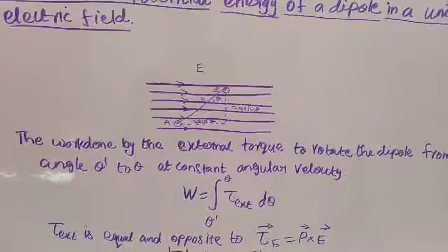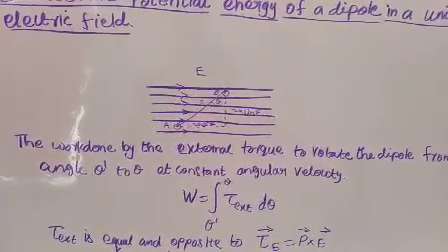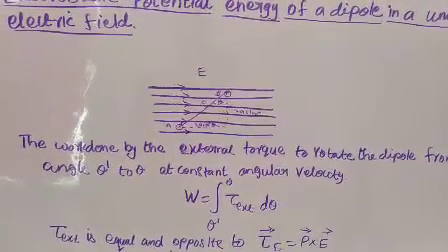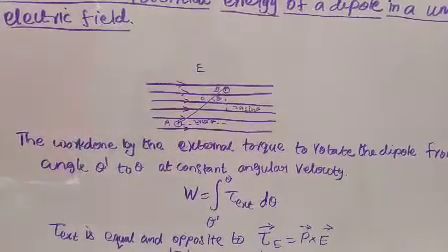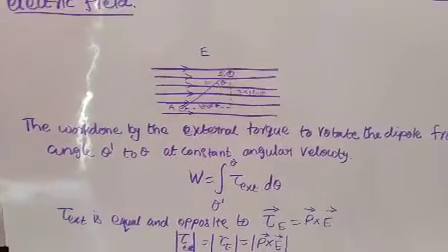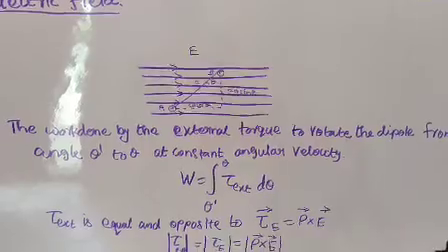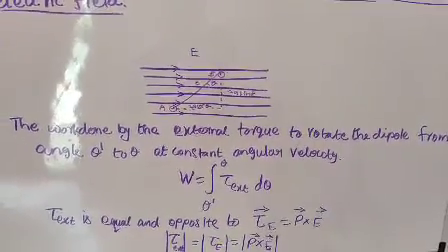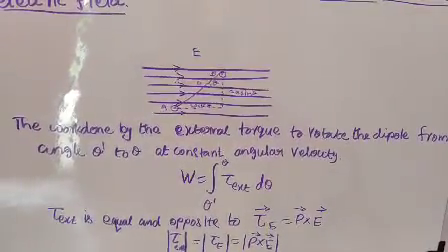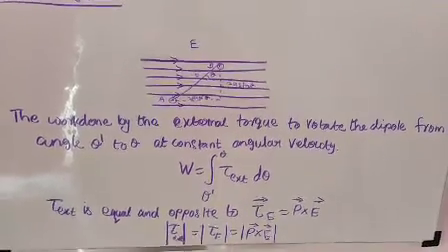So the total work done by the external torque to rotate the dipole from angle theta prime to theta at constant angular velocity omega is equal to the integral from theta prime to theta of tau external d theta.